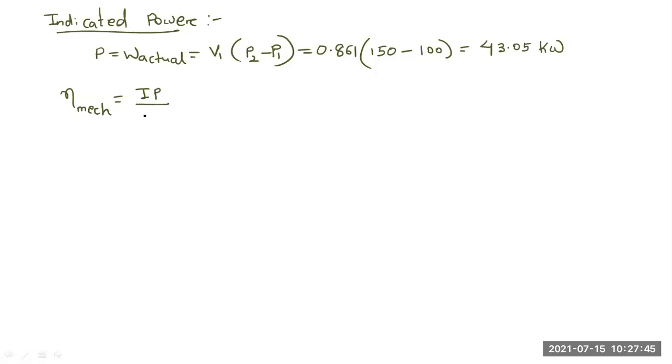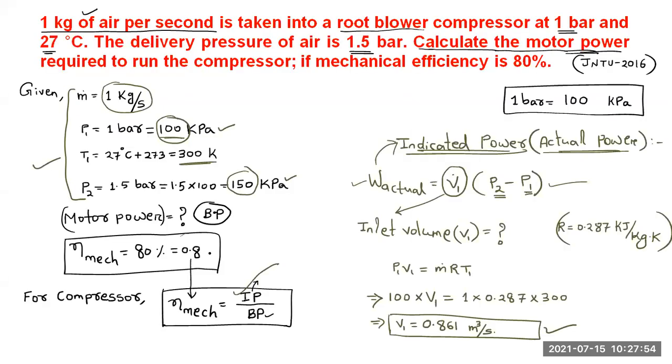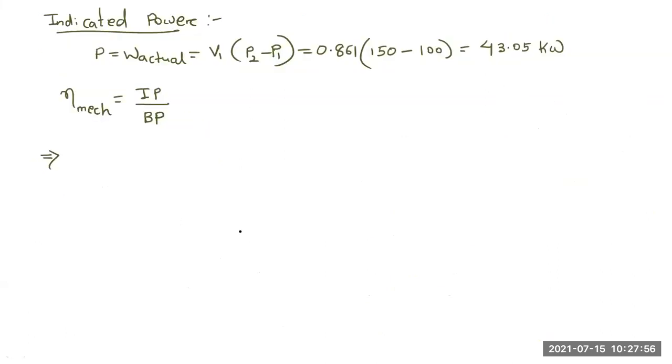Mechanical efficiency is indicated power divided by brake power. So what is the mechanical efficiency? Mechanical efficiency is 80% or 0.8.